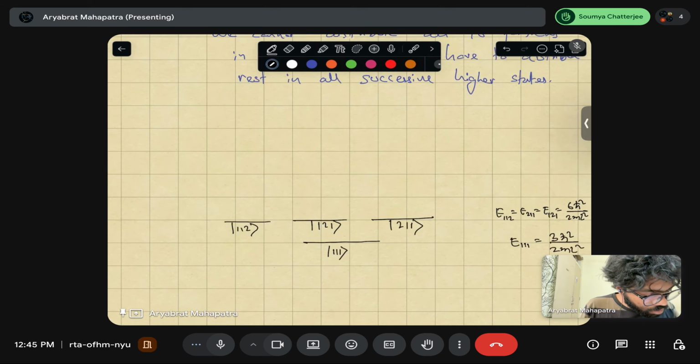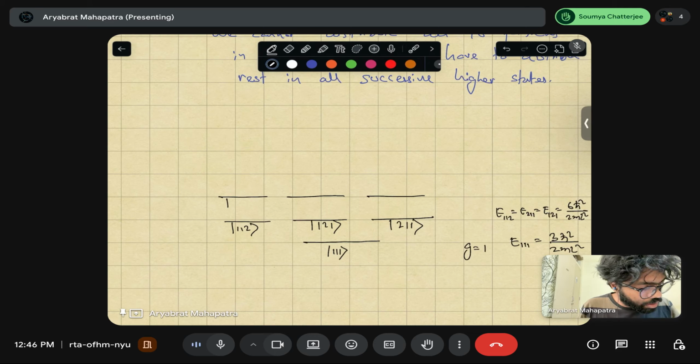Then likewise the next energy level, again you will have 3 degeneracies there as well. Here degeneracy is 1, degeneracy is 3, here also degeneracy is 3.